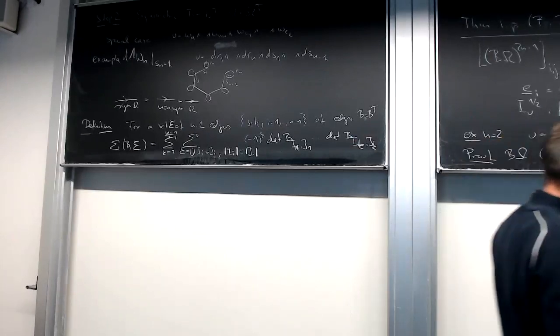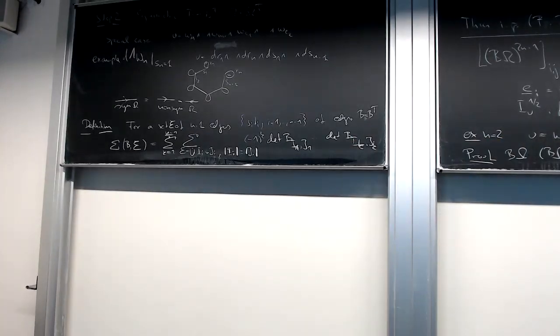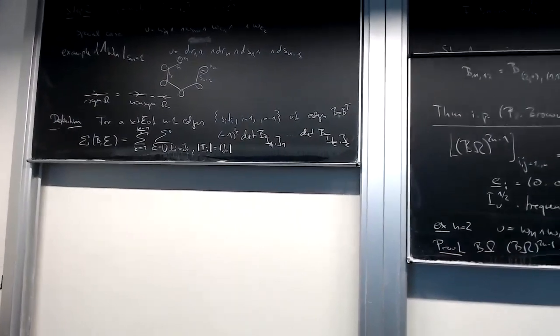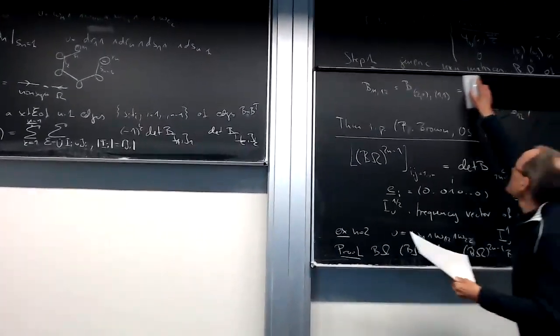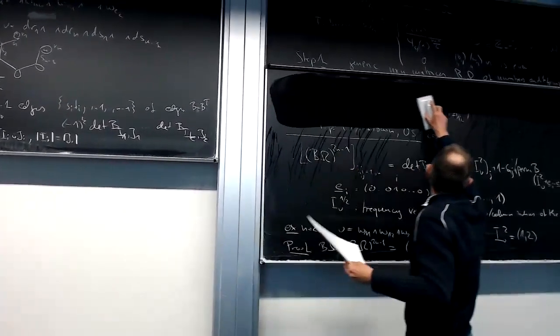And with this notation, we can give the result for the anti-symmetrized permanent. Well, this permanent is now anti-symmetrized.